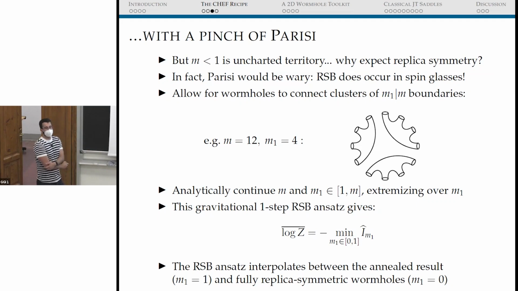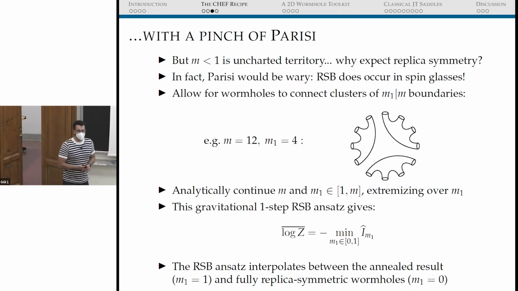So yeah, that's how it works. So you should read this as M1 is between 1 and M, and in the continuation, that's how you deal with it. You might say, okay, ultimately, what justifies this is whether we can do some computation where we check that this makes sense and we get a sensible answer. But until we have that computation available, this is the best we can do.